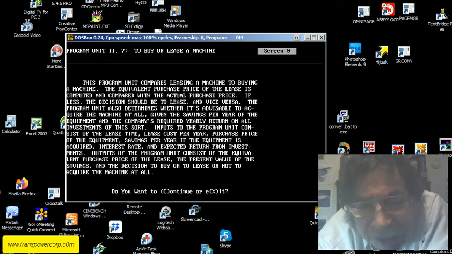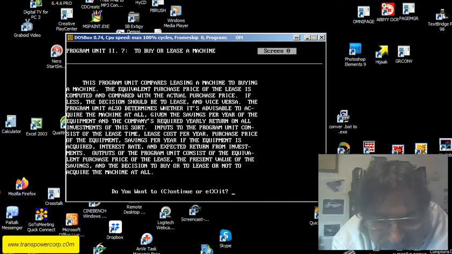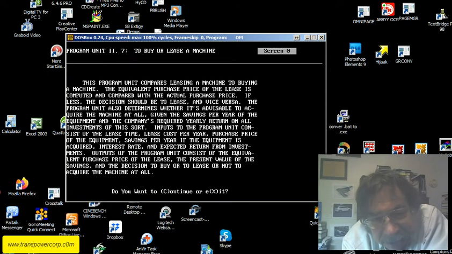This program unit compares leasing a machine to buying a machine. The equivalent purchase price of the lease is computed and compared with the actual purchase price. If less, the decision should be to lease and vice versa. The program also determines whether it's advisable to acquire the machine at all, given the savings per year of the equipment and the company's required yearly return on all investments of this sort.